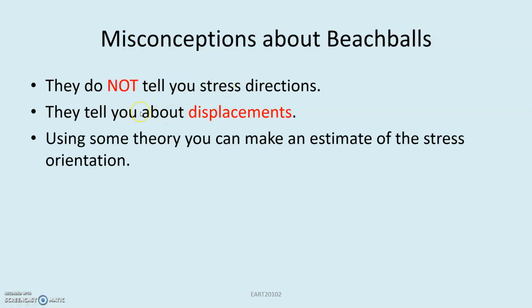They tell you about displacement, so the strain vectors, the strain fields, and you need some theory to go from these displacement fields to get stress directions. But that theory may not always be applicable. But they're always telling you about displacements.